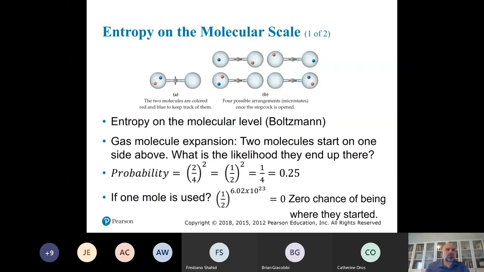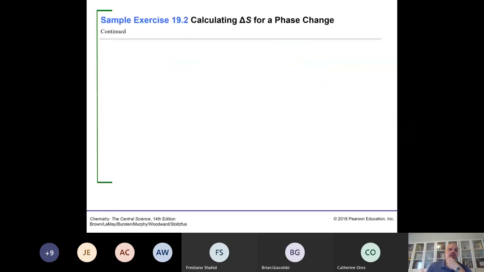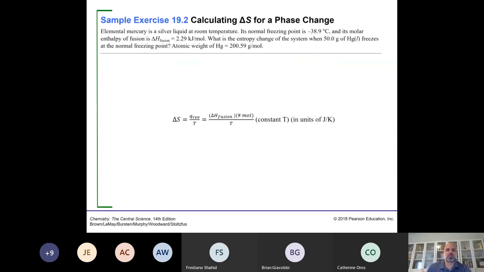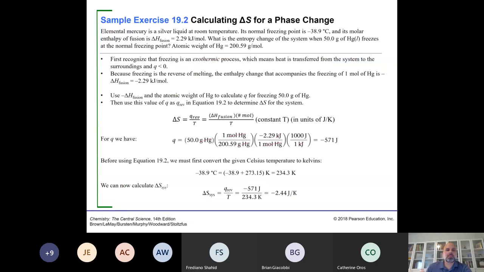Alrighty, so we last left off, we started talking about entropy, and we had covered some sample problems looking at entropy, and talked about how entropy was related to the reverse of the heat of a system, from a disorganization perspective, right?